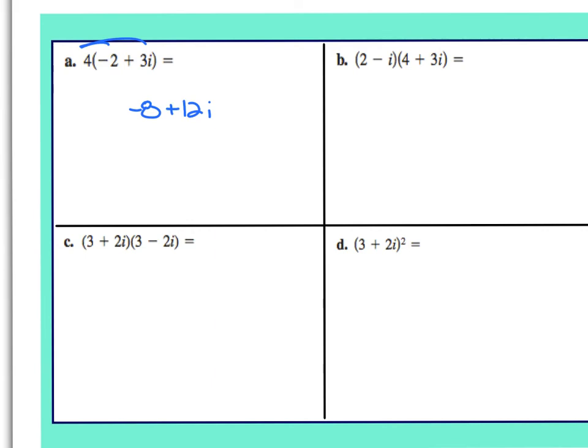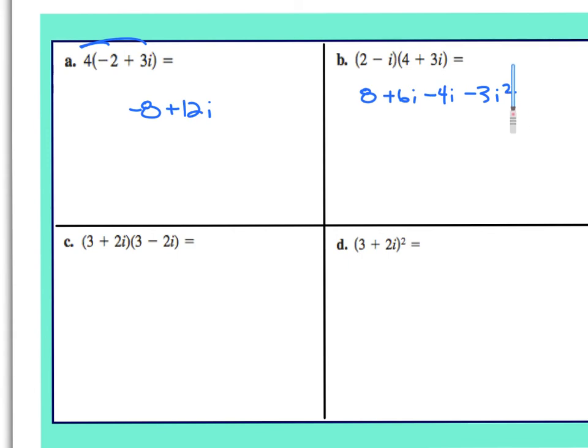On part B, what are we going to do? I have the quantity 2 minus i times the quantity 4 plus 3i. We're going to FOIL it. My favorite 4-letter F word. So, what's my first? 8. My outer? 6i. My inner? Minus 4i. My last? Not plus, but minus 3i squared.